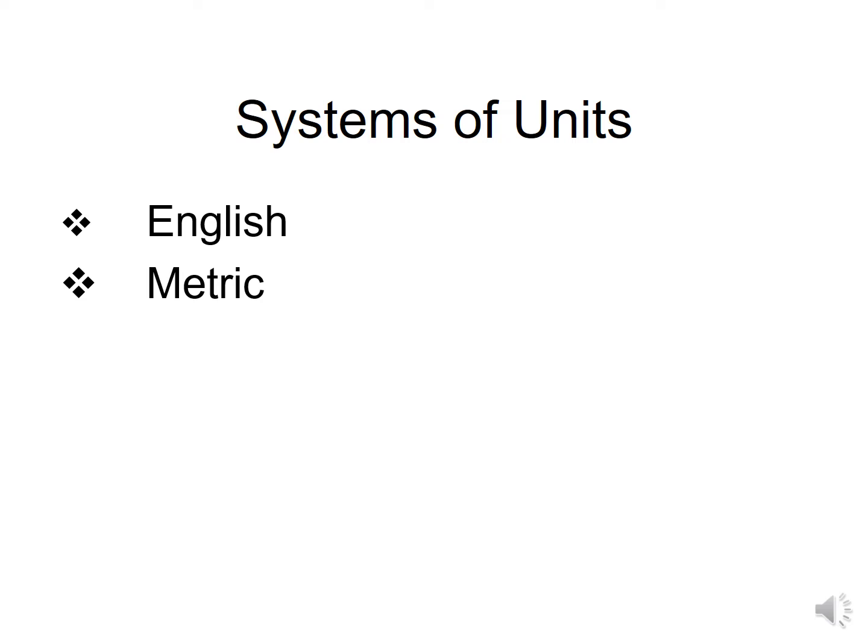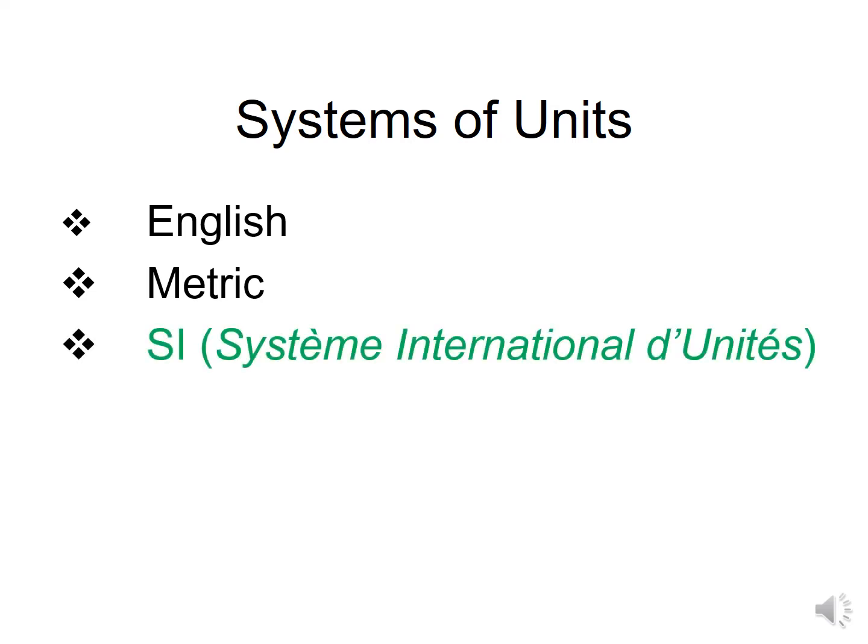And so in 1960, the Conference on Weights and Measures established what is known as the International System, which is known by the initials of the French name. It's called the SI system, which stands for Système International d'Unités. And this is essentially a completely metric system.